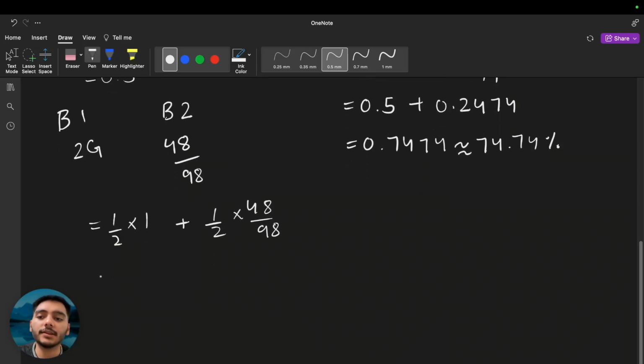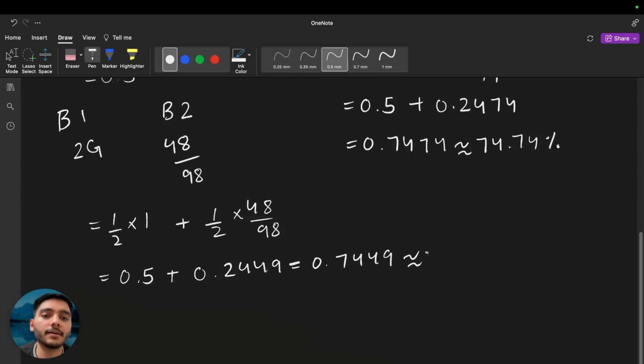So this will become 0.5 plus, as I have already calculated, around 0.2449, which is 0.7449, and the probability will be 74.49%. As you can see, the probability starts decreasing here from 74.74 to 74.49.